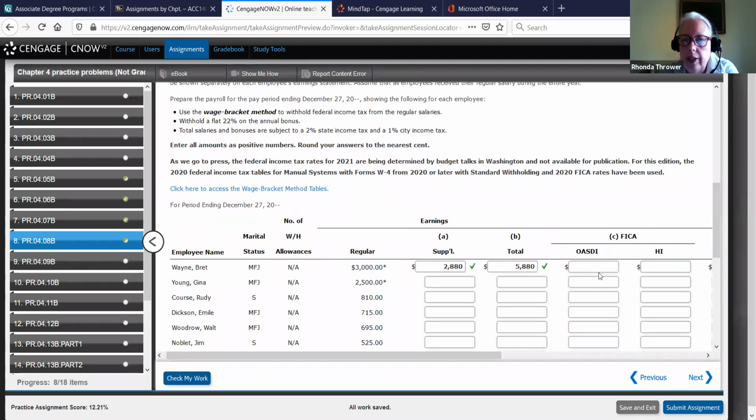For the OASDI, we're going to take the total amount, 5,880, and we're going to multiply it by 6.2%. And that's going to give you $364.56.